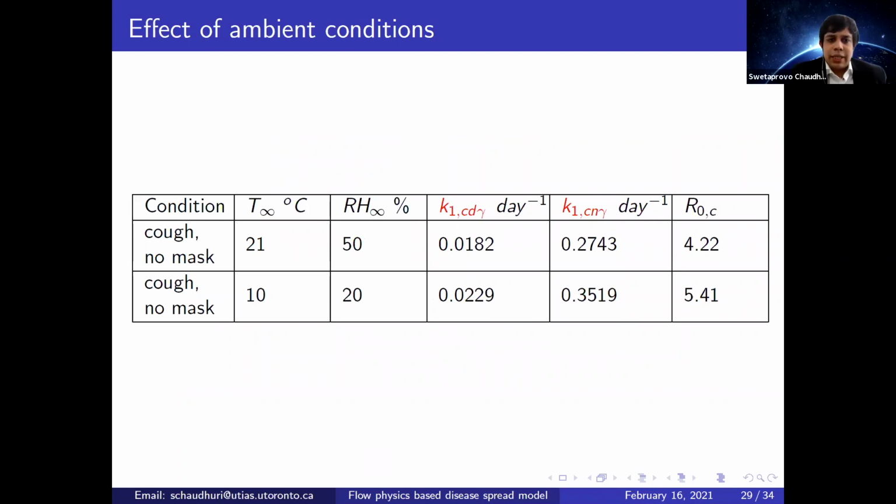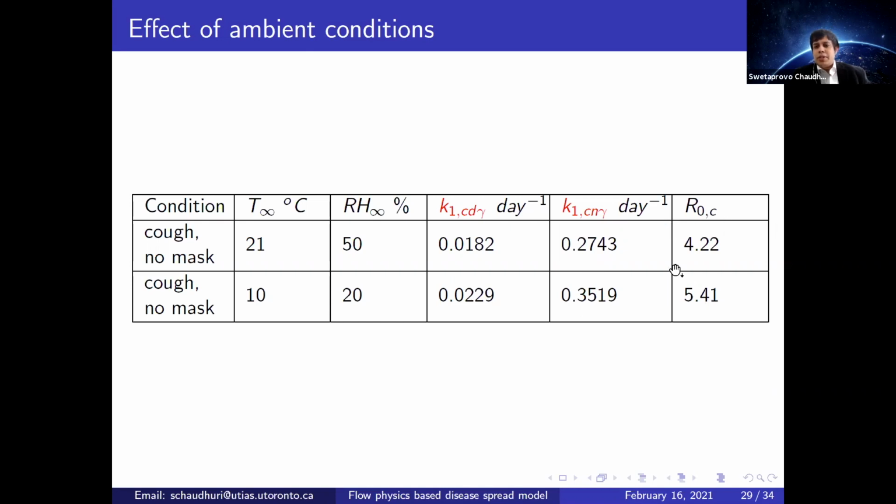Now here is the result. If we consider an ambient temperature of 21 degrees Celsius and 50% relative humidity, and we do all the calculations based on the formulations that we have shown, the rate constant for the droplet is this value, 0.018. The rate constant for the nuclei is almost 15 times larger.